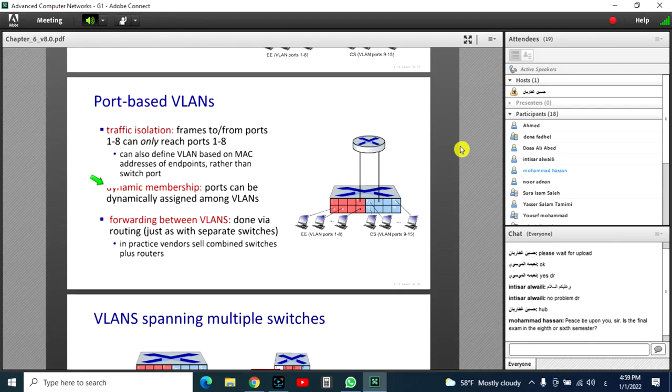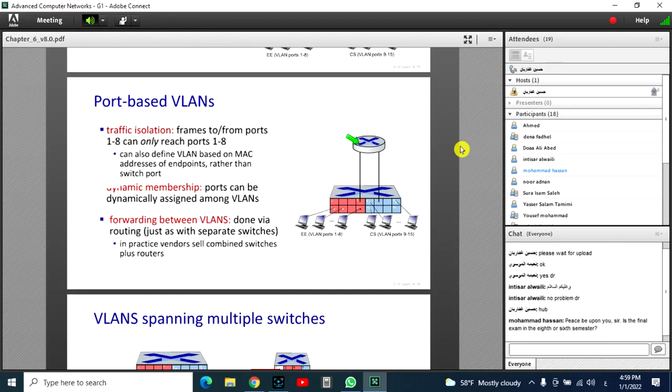And also, sometimes we need to send information from one VLAN to another one. What should we do in this case? If you decide to send data from one VLAN to another one, you have to use a router.